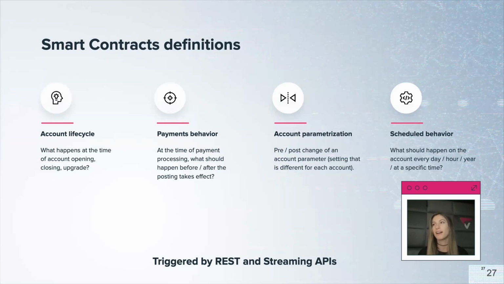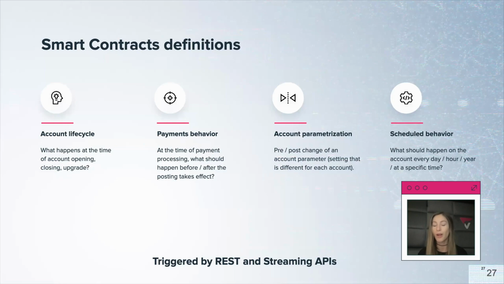And then there is the scheduled behavior. Besides reacting to the external triggers, smart contracts also react to time or time events, which basically allows me to implement the scheduled behavior. So I can define what should happen automatically every first day of a month, or every evening at 8 o'clock, or at any specific time in the future.